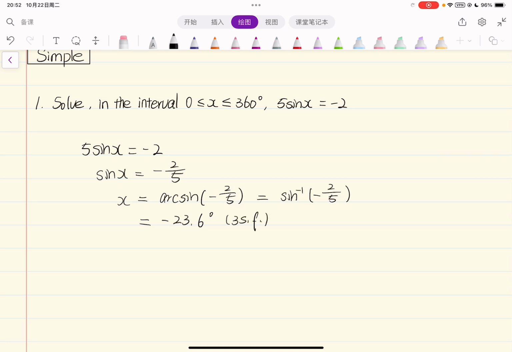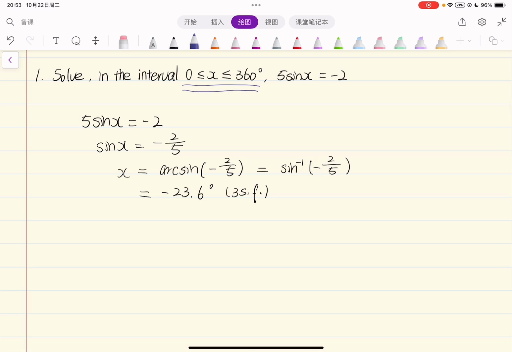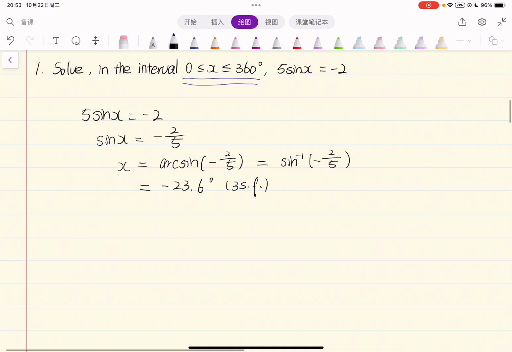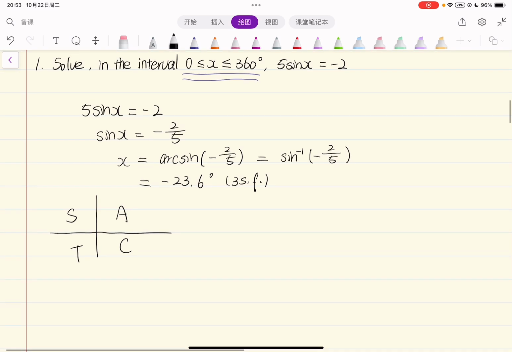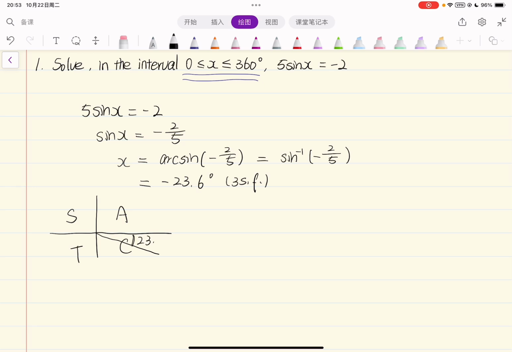Since the interval of x is less than or equal to 360 and greater than or equal to 0, we need to find the value of x in that range. So you can use a CAST diagram. Minus 23.6 is the angle from the positive x-axis clockwise, so 23.6 degrees.